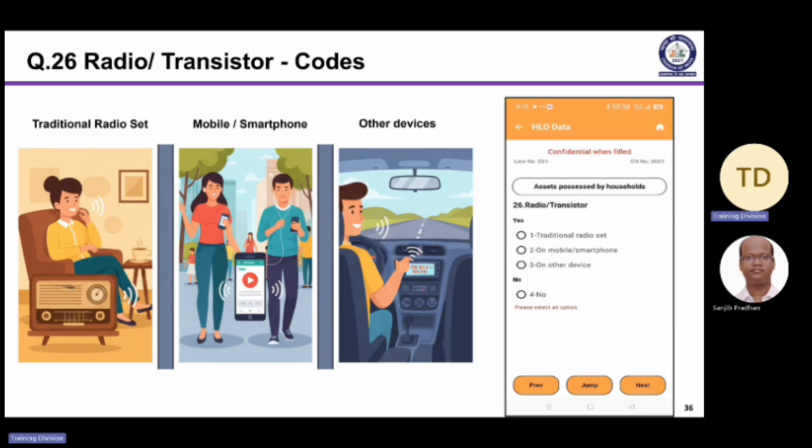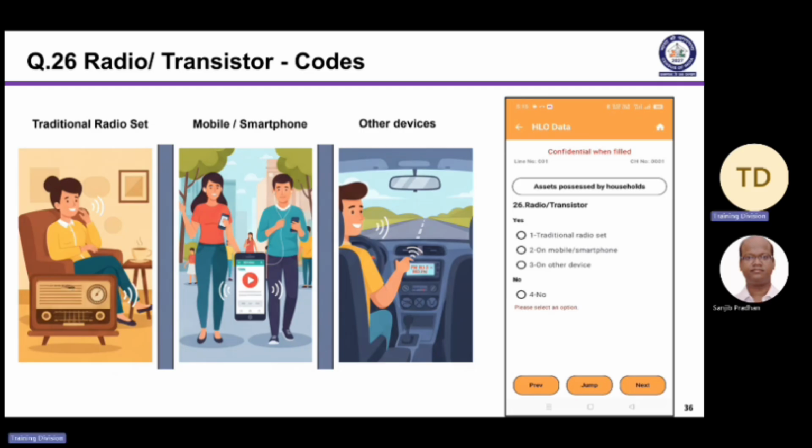If a household has a smartphone and is not listening to the radio through it, but has access, so that anytime he wants to listen to the radio he can access it through the smartphone, it should be considered as yes.